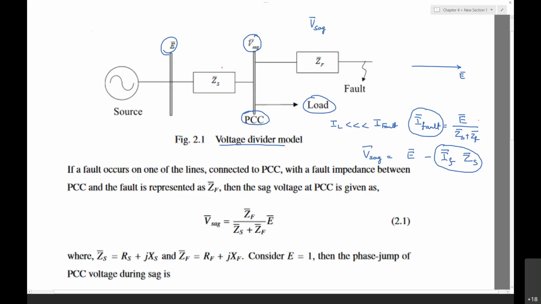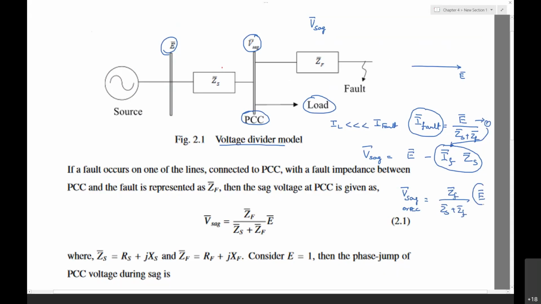Once you substitute this equation for I fault, we get V bar sag or PCC voltage equal to ZF bar by ZS bar plus ZF bar into E bar.